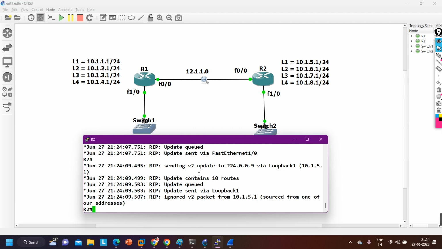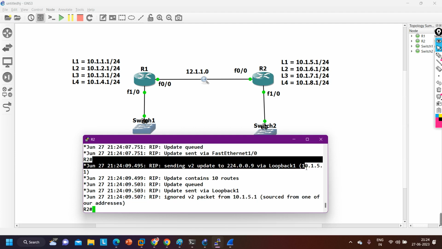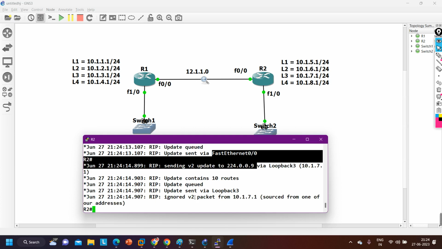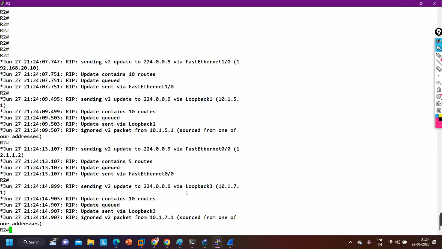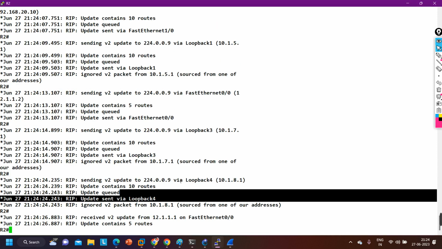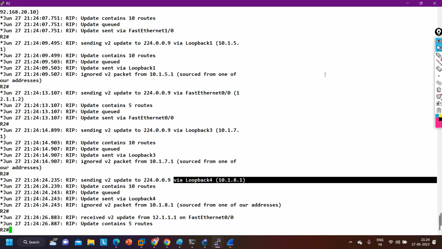Wait, see, it is sending the update message from the loopback 1 interface, FastEthernet 0/0, loopback. Maximize it, and see it is sending updates from loopback 3, loopback 4, right?